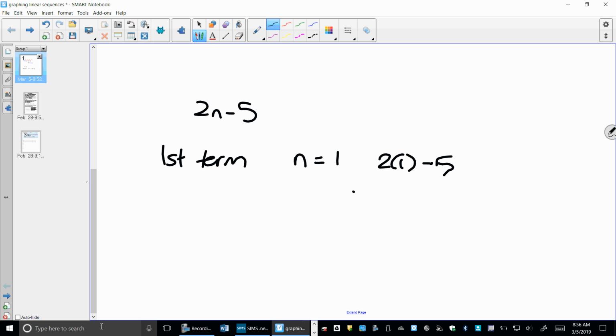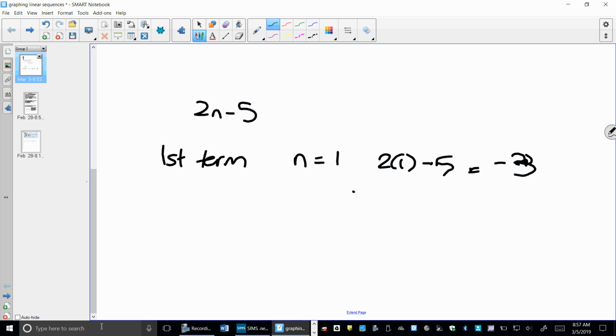So we're following this rule. Do you follow that? And Abby, I'm talking to you two mainly because you weren't here. Yes? So, what's 2 lots of 1? 2. Take away 5. So our first term in this sequence would be negative 3.